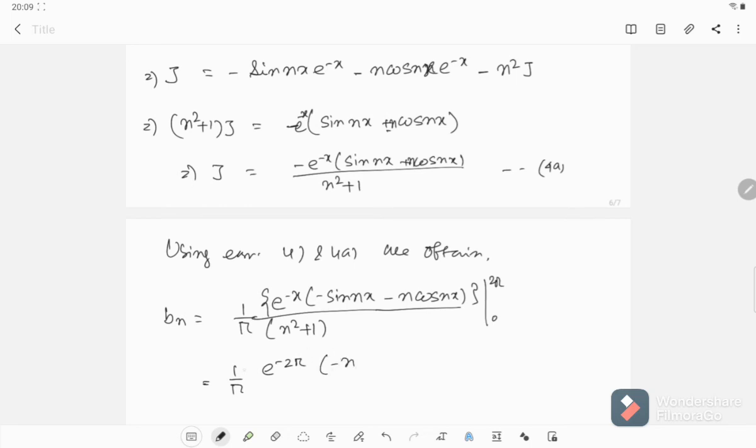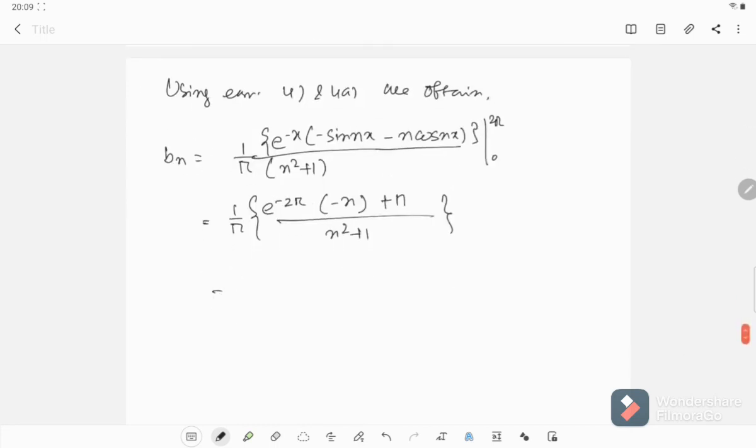So minus n, again that minus sign, minus of e to the power minus x, so e to the power 0 is 1, and this will be cos 0, that is 1. So this will give you n over pi (n square plus 1) times (1 minus e to the power minus 2 pi) for bn.